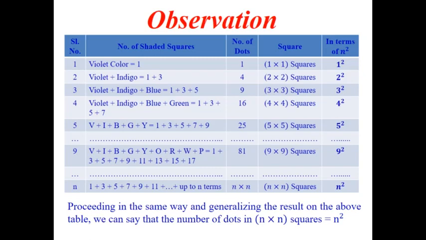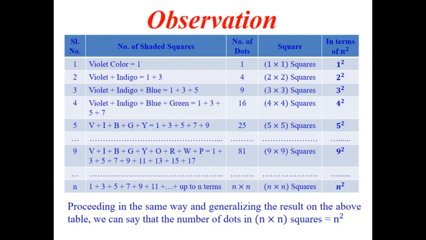Number of squares 4 into 4, that is equal to 4 square. Then violet plus indigo plus blue plus green plus yellow, that is equal to 1 plus 3 plus 5 plus 7 plus 9. Number of dots are 25. Number of squares are 5 into 5, that is equal to 5 square.